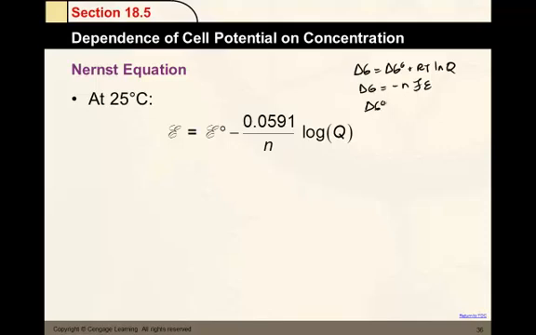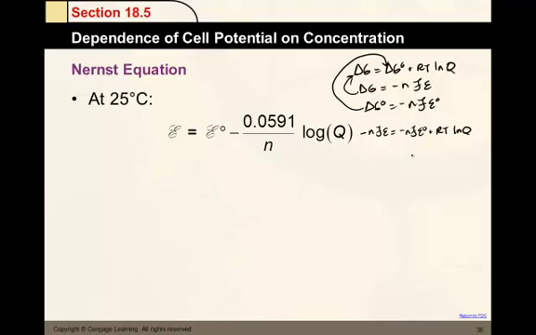And delta G0 is minus NFE0. If I replace delta G in this equation and delta G0 in that first equation, what do I have? Well, I have minus NFE equals minus NFE0 plus RT ln Q.